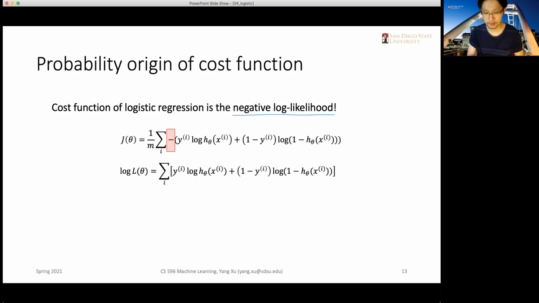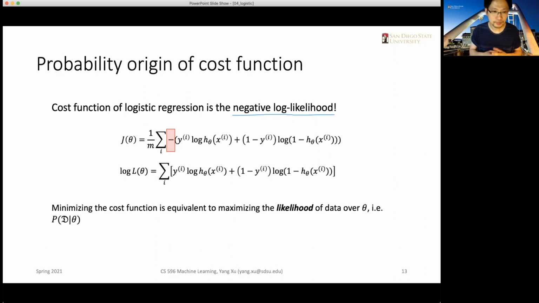Okay. So minimizing the cost function is equivalent to maximizing the likelihood of data over our parameter theta. Okay. So that means in probabilistic theories, we are making the correct choice for choosing the cost function in such a way.